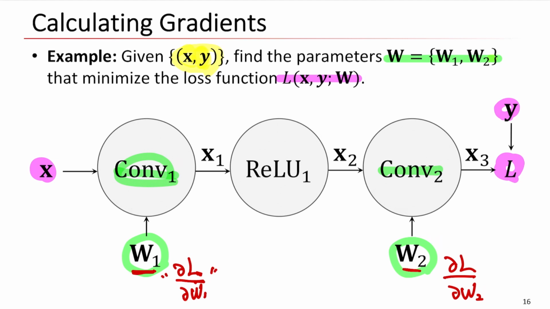First of all, we can compute the gradient of the loss with respect to x3, right? It is really easy, because this L is defined as a function. Let me use small l, a function of x3 and y, right? So we can easily compute this one.